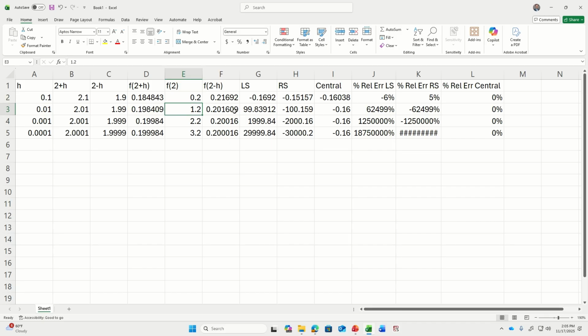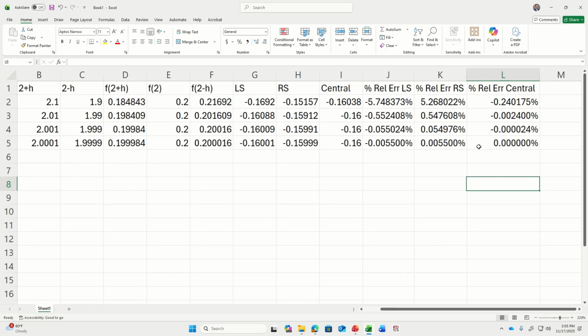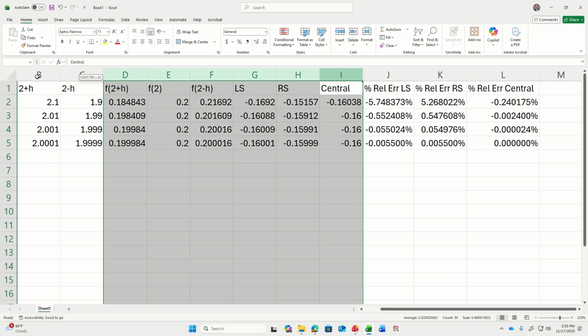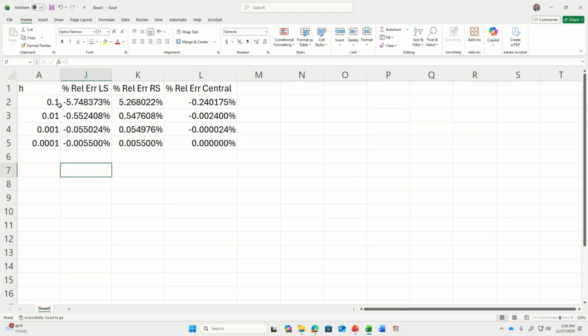Oh, that's because it'd be exactly 0.2. Okay. So let me give you a few more decimal places here. And I'll even just shrink these up so you can see just this.